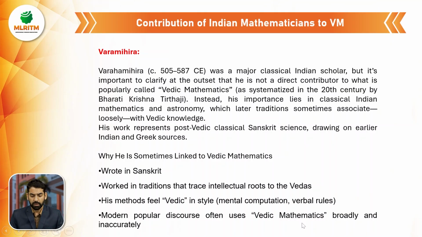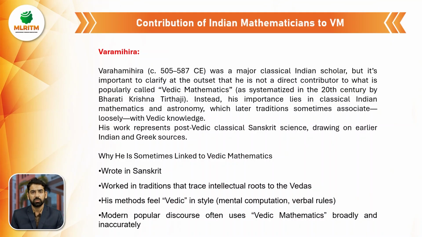Varamihira was one of the oldest mathematicians, from 505 to 587 CE. He was a major classical Indian scholar, but it is very important to note at the outset that he is not a direct contributor. Whatever he has done has become a baseline for Vedic mathematical techniques.